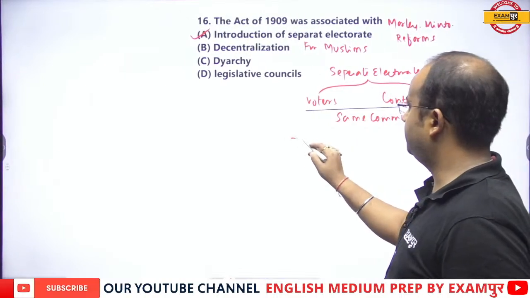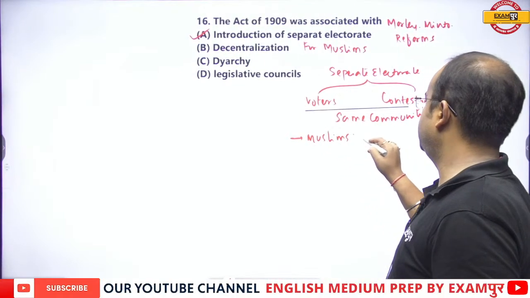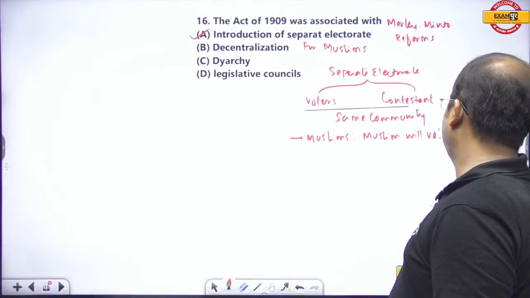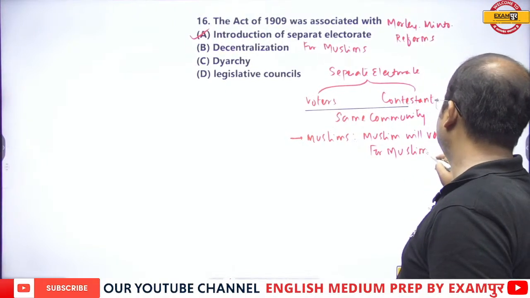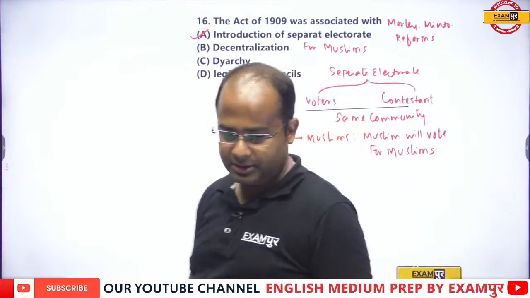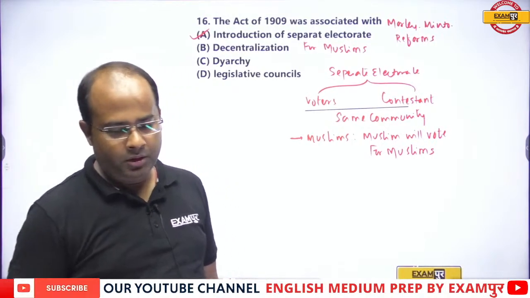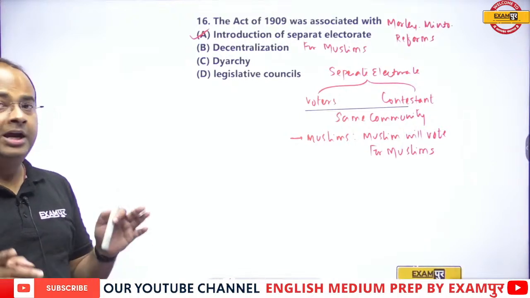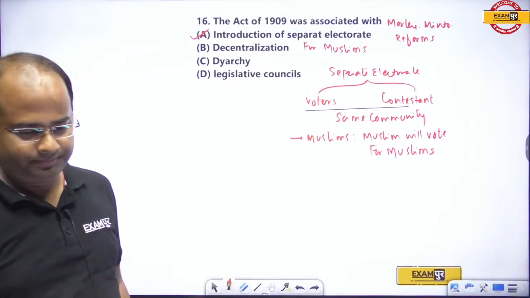That means if it is for Muslims, Muslims will vote for Muslims. So that is also called Morley-Minto Reform, Indian Councils Act 1909. So the correct answer will be, guys, option A, that is introduction of the separate electorate, especially for Muslims. For other religions it was not given from this.